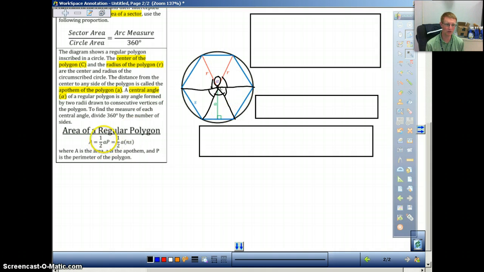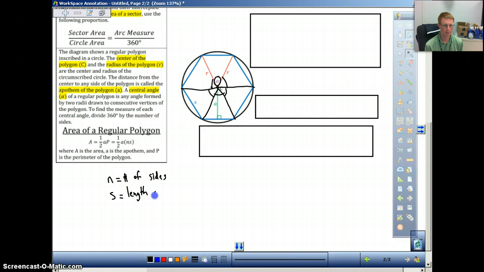We either need to know the apothem and the perimeter, or our other formula can be 1/2 times the apothem times N times S. N equals the number of sides, and S is equal to the length of each side.